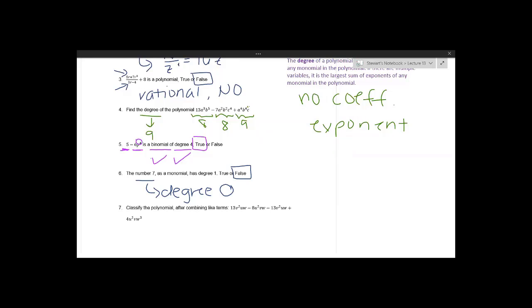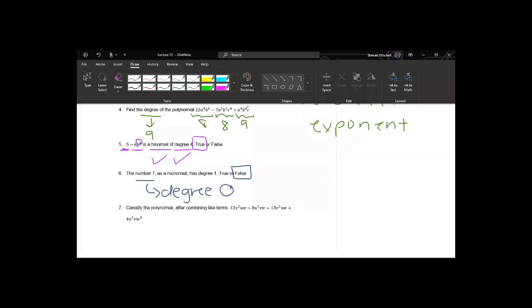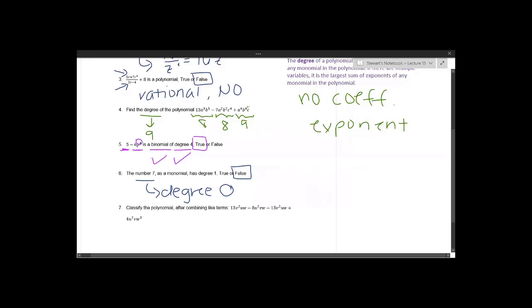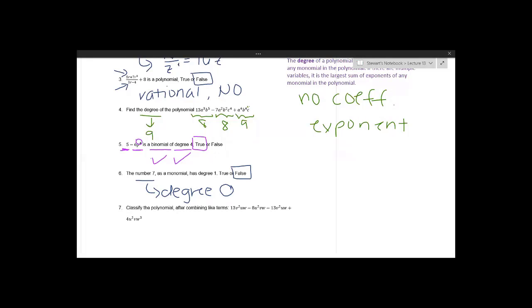Okay, the next one says classify the polynomial after combining like terms. For combining like terms, we have to look for all of the same terms here, where the different variables have the same exponents, and that would be the like terms.